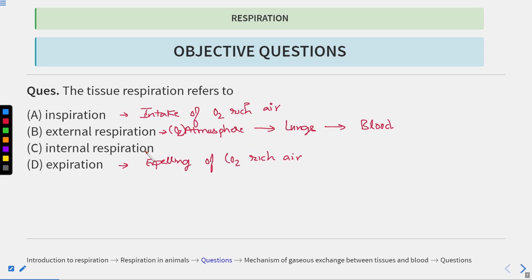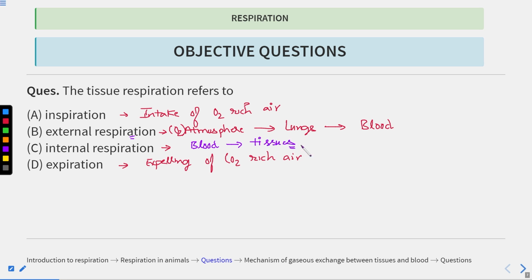Now, what is internal respiration? It is an exchange of gases between the tissues and the blood. Oxygen has reached the blood because of external respiration, and from the blood, the oxygen is transferred into the tissues.